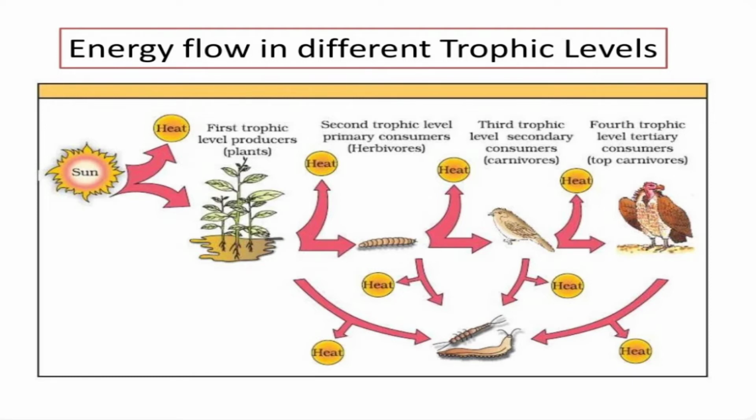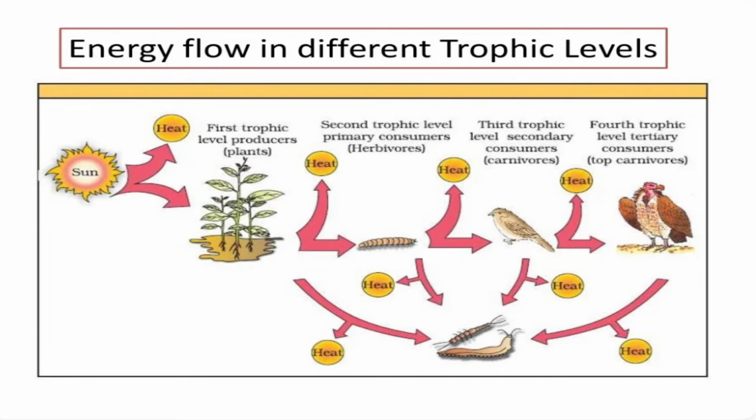Energy flow in different trophic levels, as in this diagram. The first trophic level is the producers, which are the plants. Second, the herbivores, these are the primary consumers.